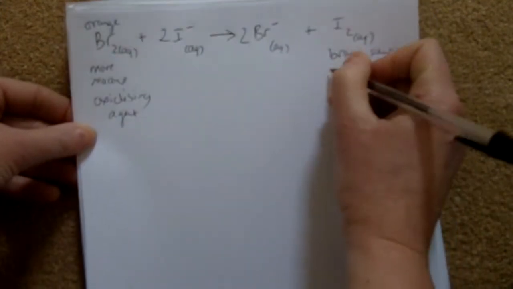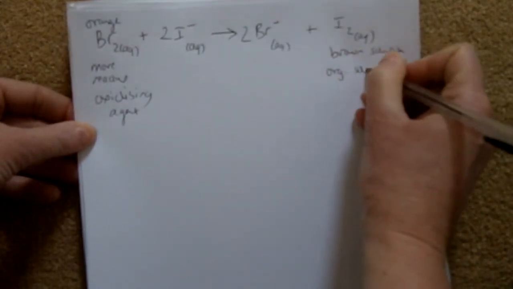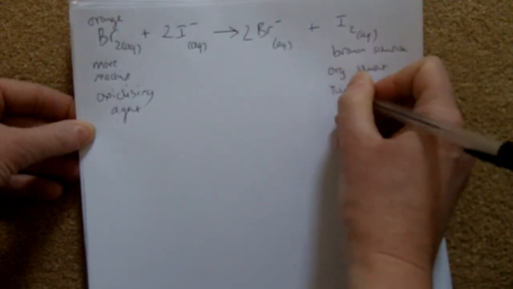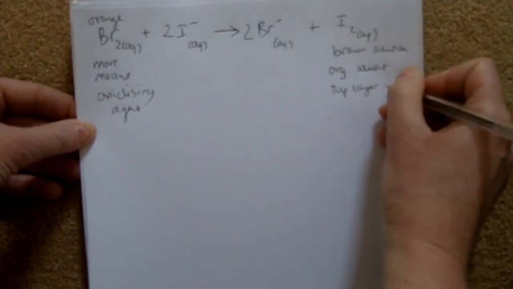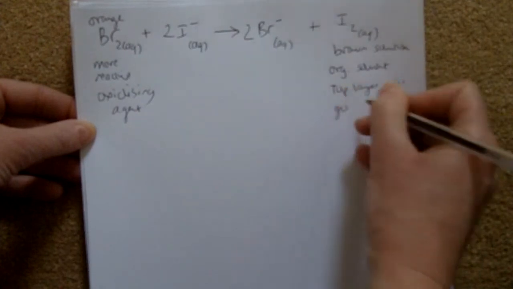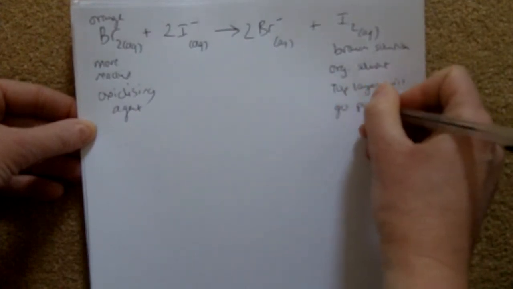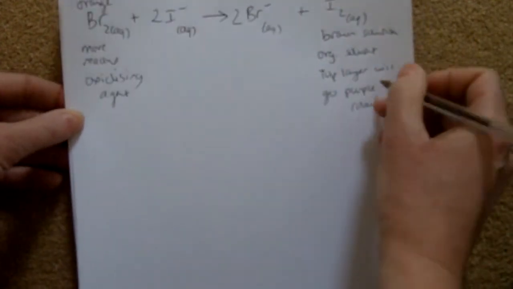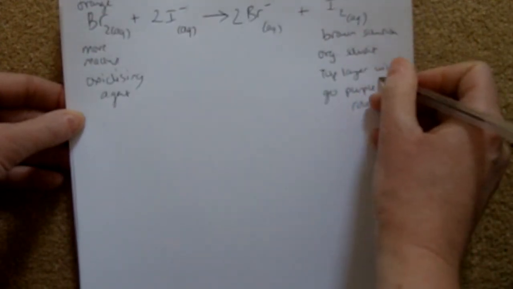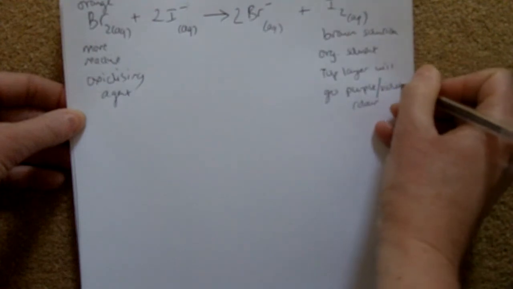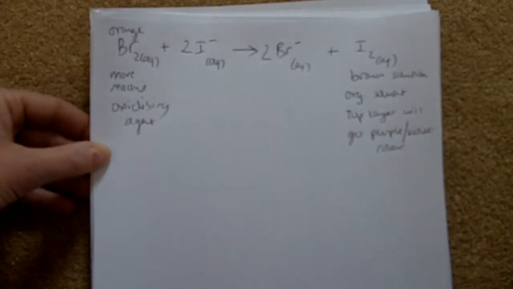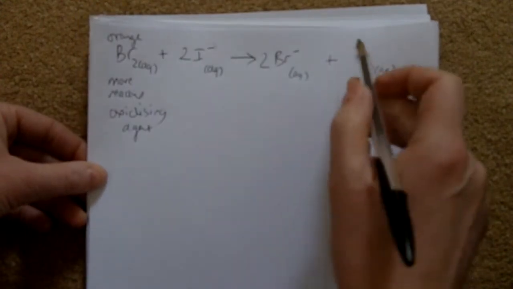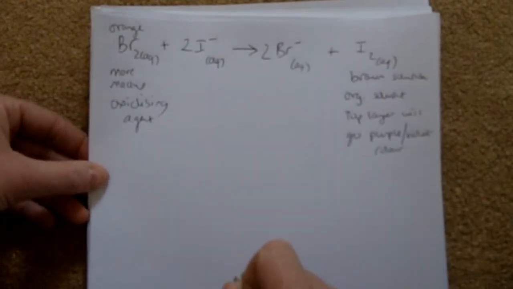So you add an organic solvent like cyclohexane, mix it up, and the top layer will go purple. Quite often we also say violet. Purple violet colour, and then you know that this reaction has happened.